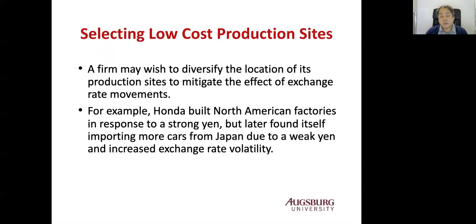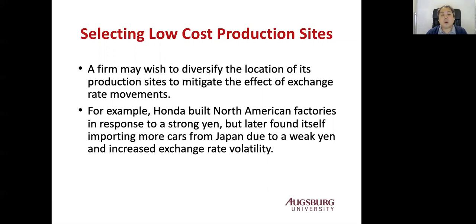So if their production site is in, say, Mexico, then their peso dollar exchange rate matters. They probably can have a Mexican factory, but also a Guatemalan factory, Peruvian factory, or Brazilian factory, so that you can diversify these locations. That's one example.